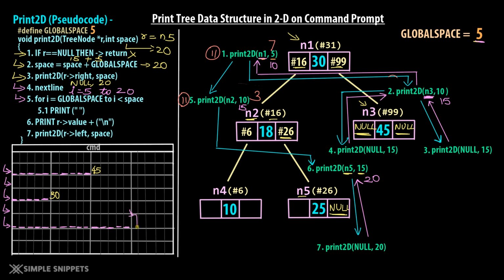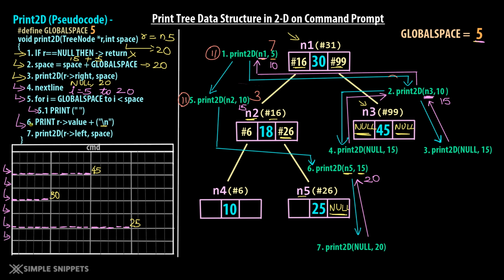Let me mark it at this position. After this for loop is done, we will proceed to step 6. We are saying print r of value. R is currently n5. What is the value inside n5? It is 25. So this gets printed at this cursor location. Let's write 25 over here. After that we have a slash n, which will take the cursor to the new line.